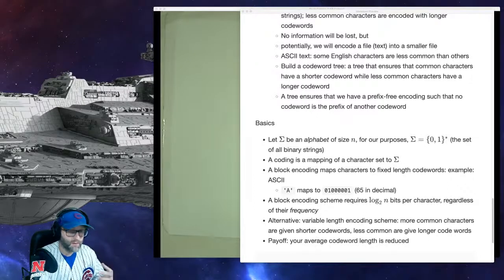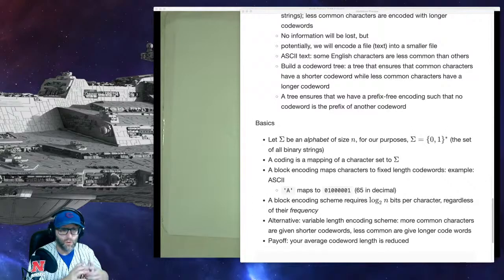Right? Instead of doing just log n bits everywhere, for example, if you had 8 characters that you had to encode, and you did a block length encoding scheme, a fixed length encoding scheme, then everything needs 3 bits.